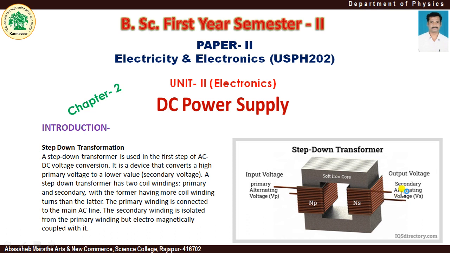We can get the appropriate output voltage. Both voltages have the same nature; both are alternating, that is AC voltages. Only the amplitude or intensity is minimized in the case of the step down transformer. So this device is used in the construction of the half wave rectifier and full wave rectifier that we will see afterwards.